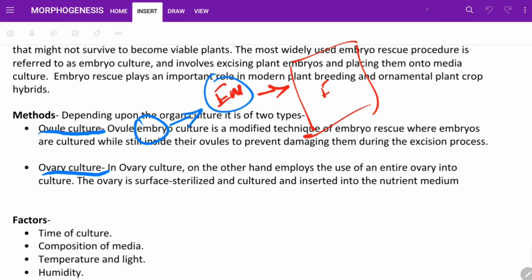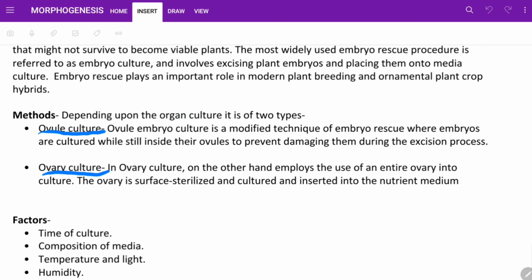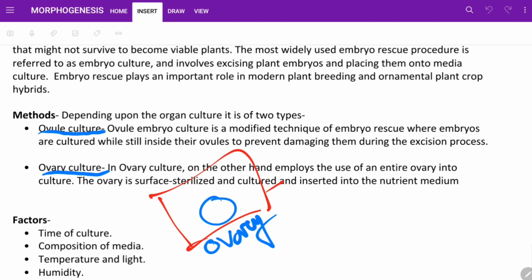And in case of ovary culture, the ovary is wholly placed into nutrient media, and from there a whole plant is produced.